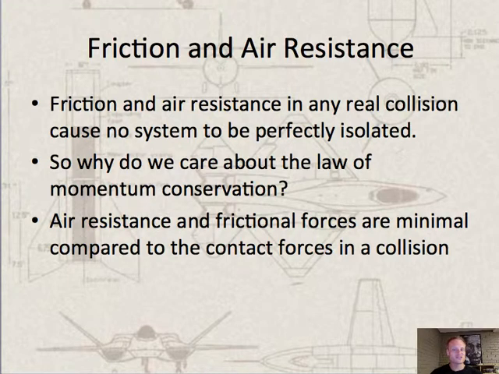It's pretty close to being perfectly isolated. If you think about two cars running into each other, the amount of friction between the road and the tire actually slowing the cars down and messing with the system of that car crash is probably pretty minimal compared to other factors in the collision. Like the forces of the two cars hitting each other.